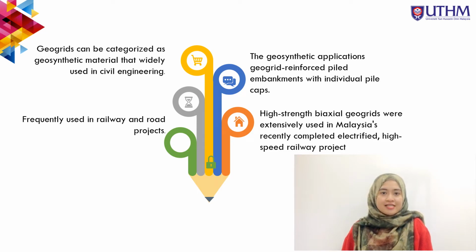The geosynthetic application in this project is geogrid reinforced pipe embankment with individual pipe caps, where high-strength biaxial geogrid was intensively used in Malaysia's recently completed electrified high-speed railway project.